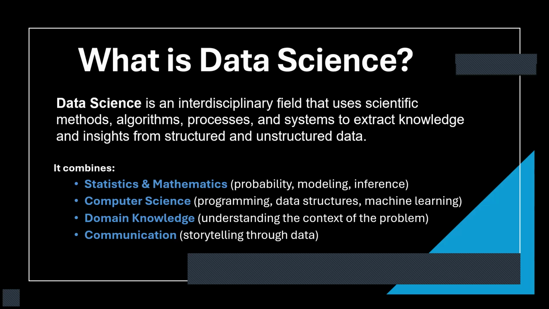And data science is a combination of a couple of fields: statistics and mathematics. You need to have a grasp of mathematics and statistics. Again, it's not complicated if you have an open mind. Computer science: you need some knowledge of programming, some data structures, and a bit of machine learning to be able to thrive in this field.